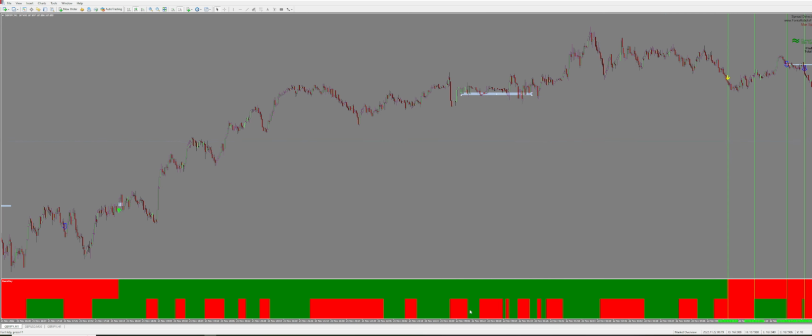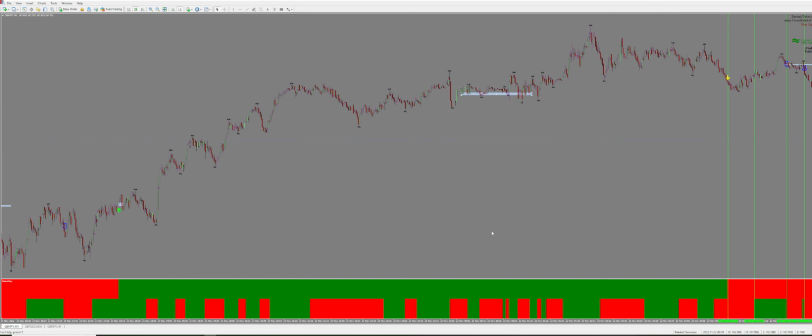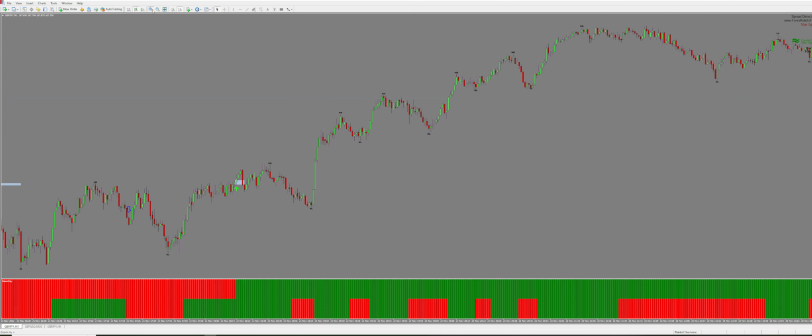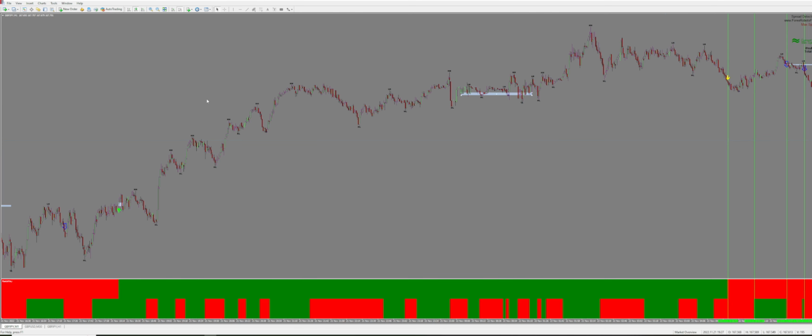Actually, let's switch on this part of the tool. Super intelligent. This is now clearly marking our swing highs and swing lows, and it clearly denotes them as a higher high, higher low, higher low, lower low, lower high. This is what every technical trader needs.